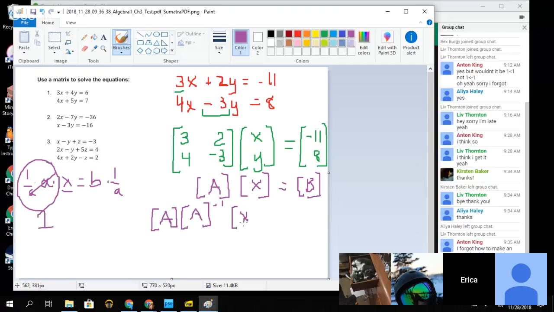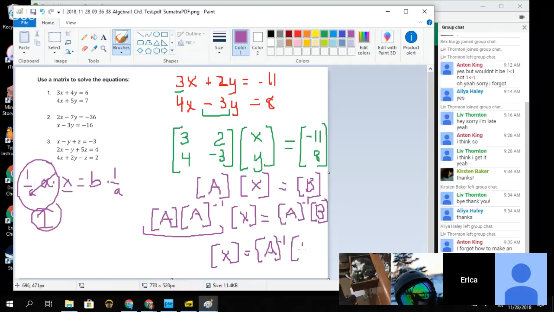Times X equals the inverse of A times B. It's just like we solved the equation over here, but on a much bigger level of a matrix. So A times the inverse of A gives you 1, just like over here. So what this tells us is that X equals the inverse of A times B.